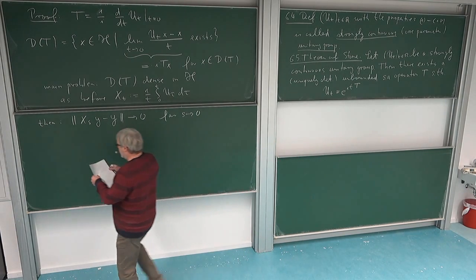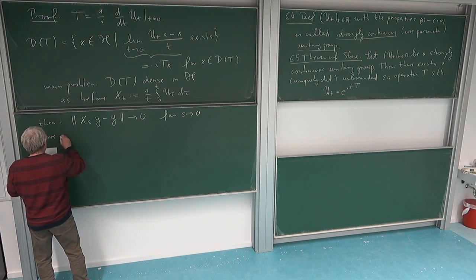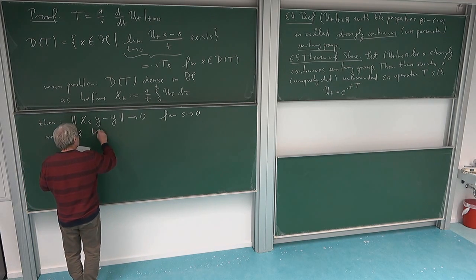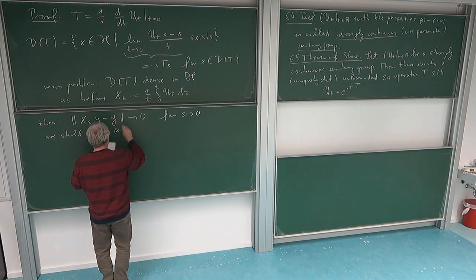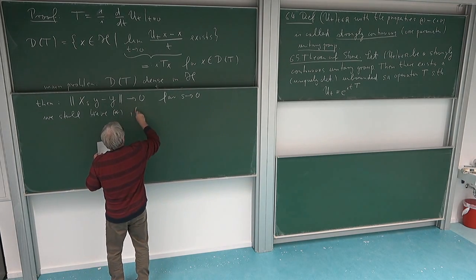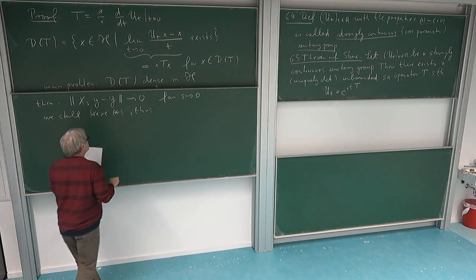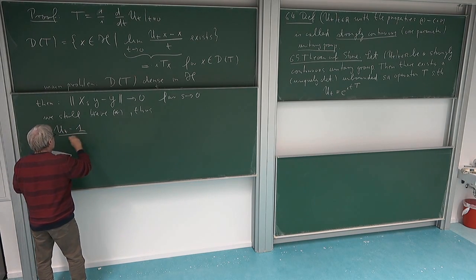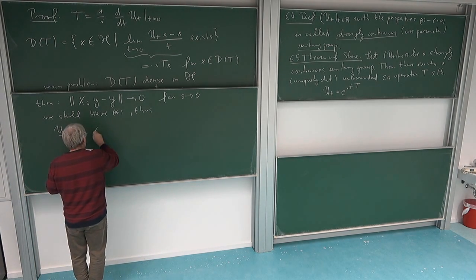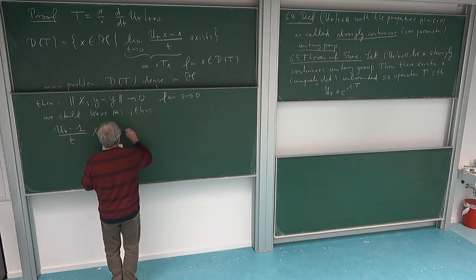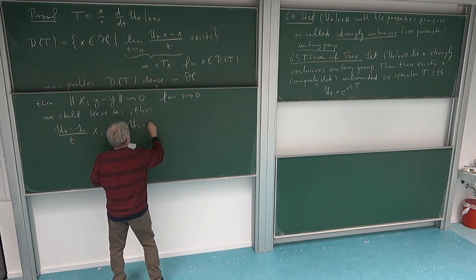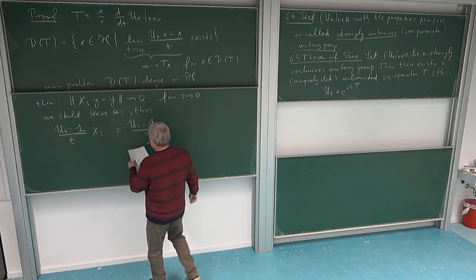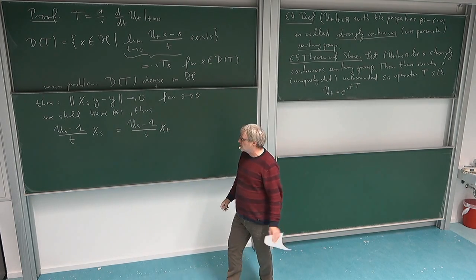We still have this property, which I called star before. Let me write it down: (U_t minus 1) divided by t times X_s is the same as (U_s minus 1) divided by s times X_t. We have this if s and t are small enough.